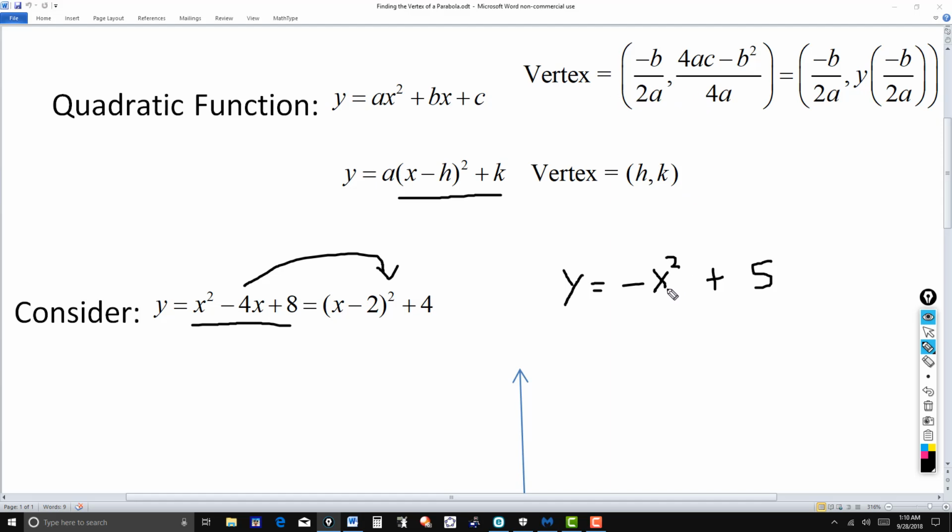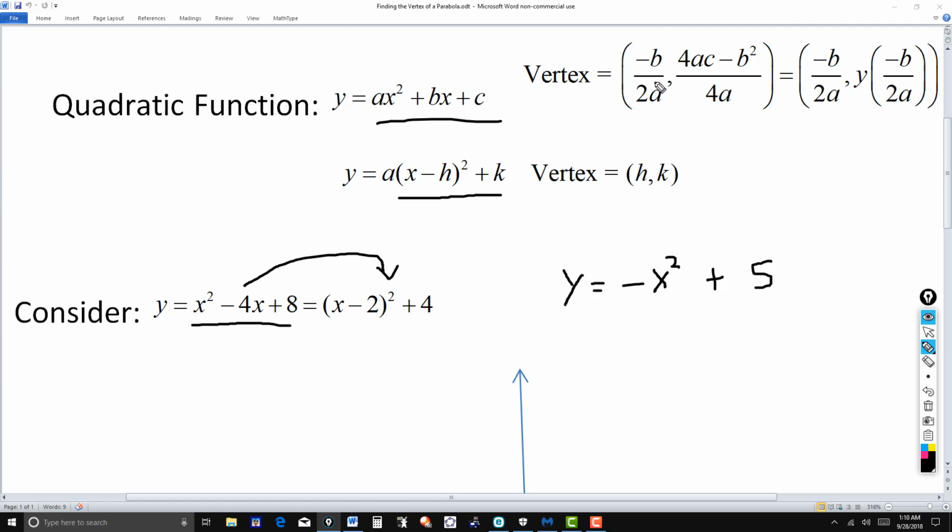Now, if you got something like this, you should be able to recognize that as either form. Because if you look at it as this form right here, you can say, okay, the a is -1. So that tells me the graph opens down. There's no x term, so the b is 0. And the c is 5.